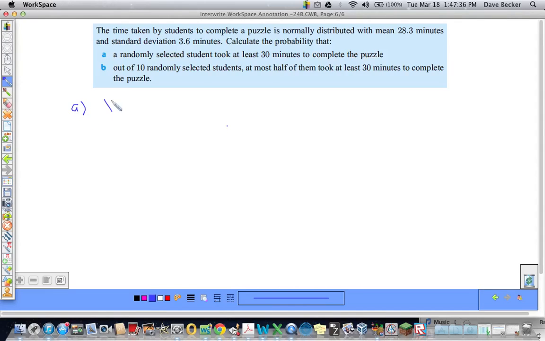So we have a random variable x. It is distributed as a normal distribution, which has a mean of 28.3 and a standard deviation of 3.6, which we'll put in the form of variance. And so we would have a normal curve. Let's see how we do with the curve.